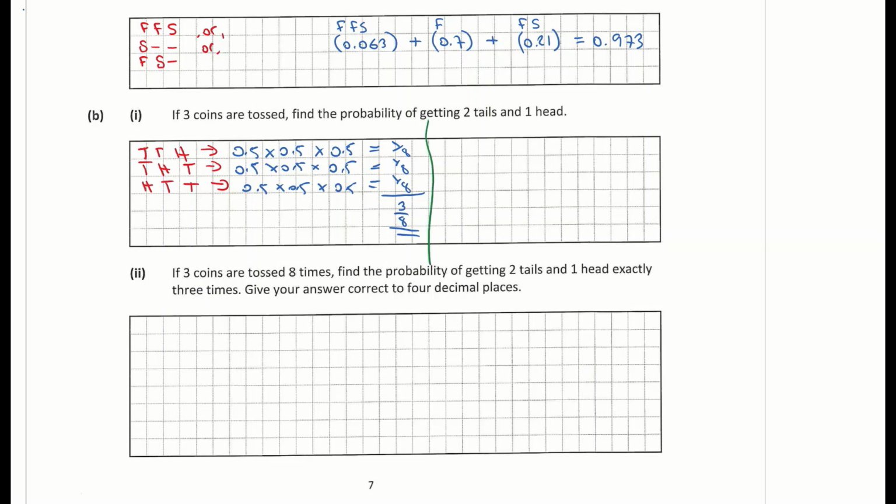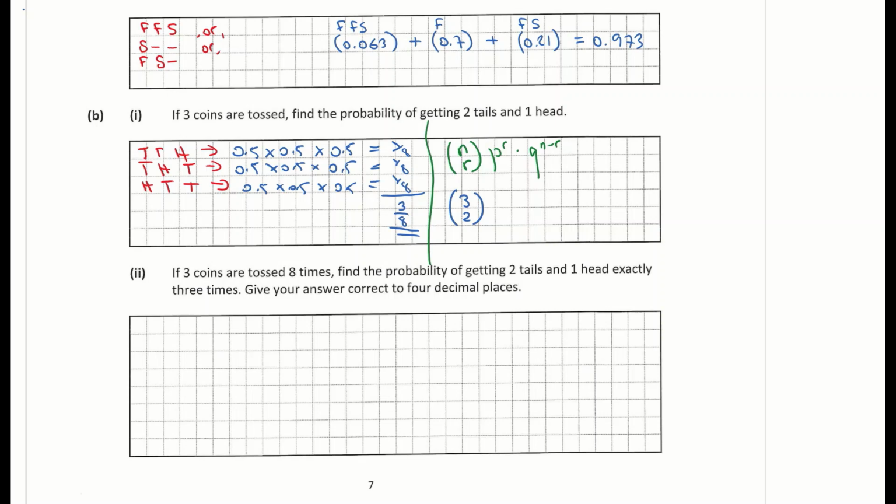The second way of doing it, as I said, is by using the binomial distribution on page 33 in the logs, which is given as n choose r times p to the power of r times q to the power of n minus r. This is used when you have 2 possible outcomes, success or failure. So my n stands for the number of trials, that's my 3, and I'm choosing r, the number of successes, which is going to be 2.